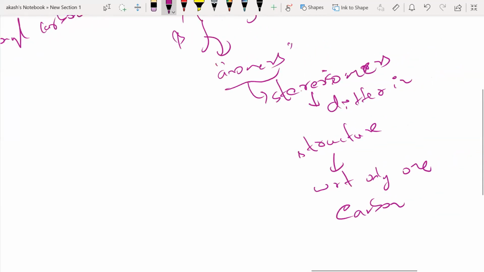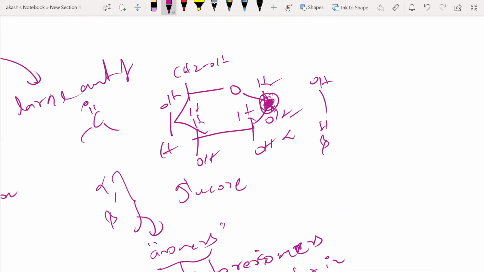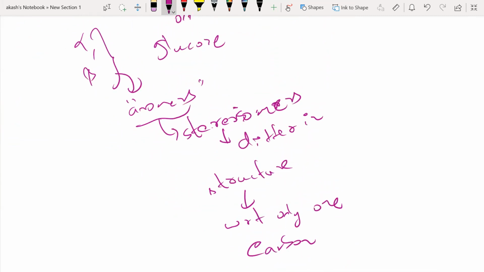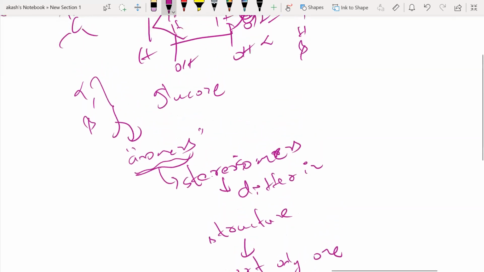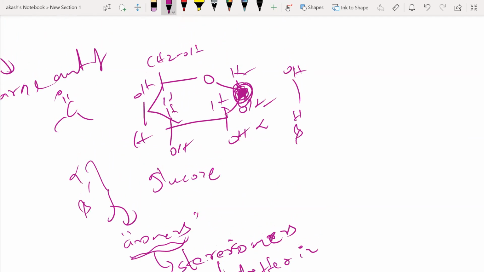Is it not? This is exactly what is happening. These two are stereoisomers which have only one modification, that is, in any one of the carbon atoms the orientations are different. So if you see such stereoisomers which differ only with respect to one carbon, those are what are called anomers. So basically the alpha form of glucose and the beta form of glucose are anomers.